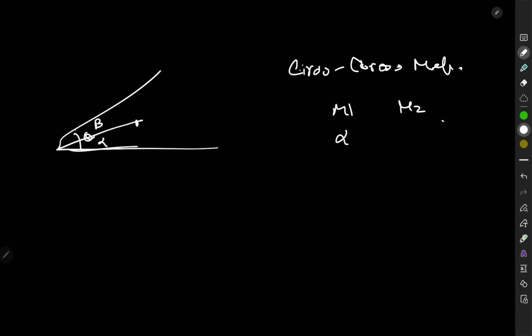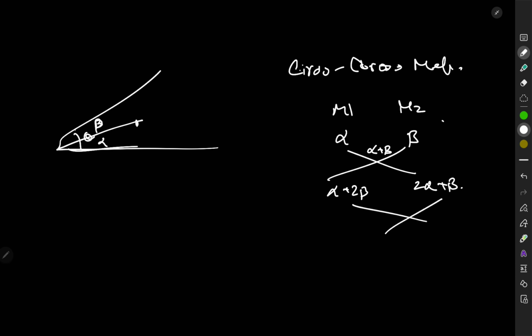mirror 2 and the object is beta, and what we need to do is add alpha plus beta to this. You will get alpha plus 2 beta, 2 alpha plus beta, alpha plus beta again, 3 alpha plus 2 beta, 2 alpha plus 3 beta.